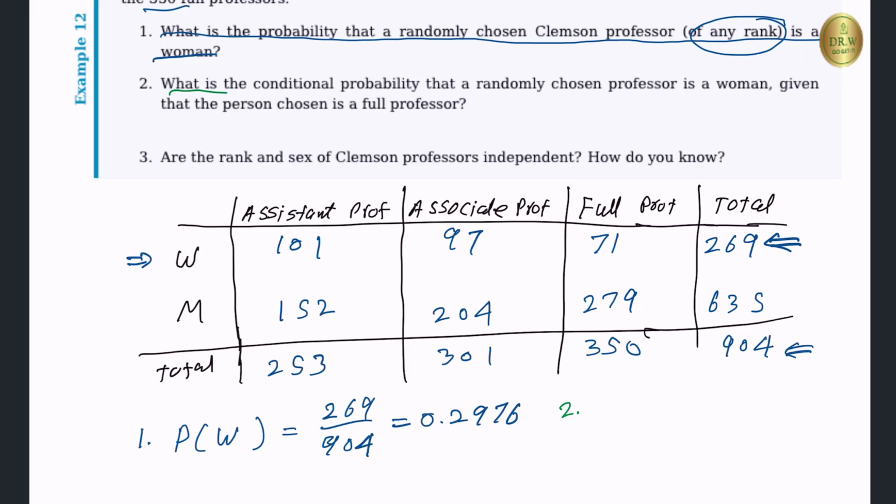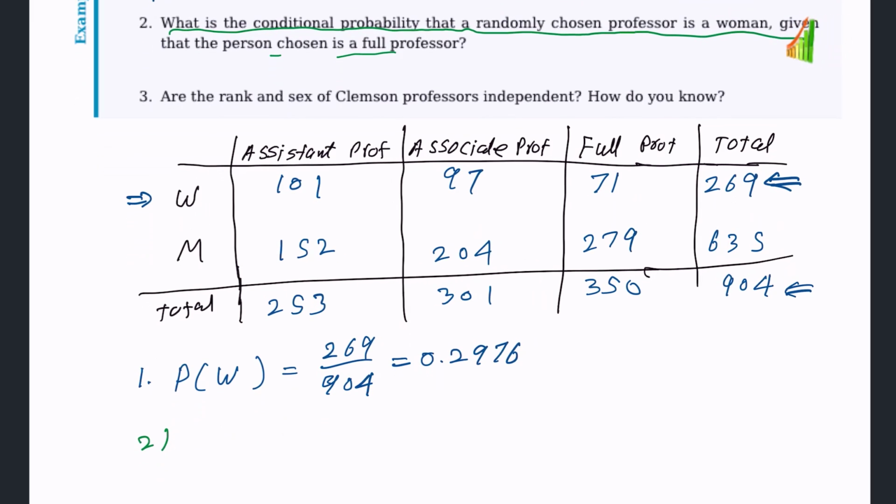Go to the second one. Asking what is the conditional probability that a randomly chosen professor is a woman, given that the person chosen is a full professor. Okay, understand that. Again, read it. Asking the probability that a randomly chosen professor is a woman, that means probability of the woman.